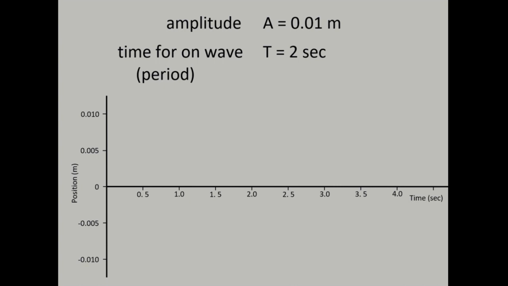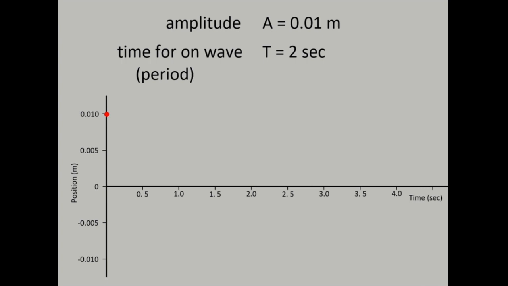By the way, that's called the period. So I've set up my axes, time on the x, position on the y, and I got my numbers up there pretty good. We know that green ball was at the very top of its path when we started the timer. So my first data point at time equals 0 is going to be at 0.01.